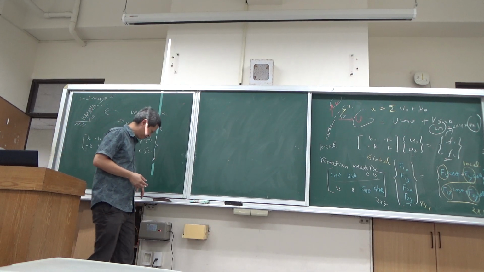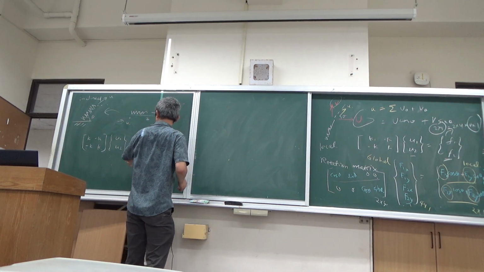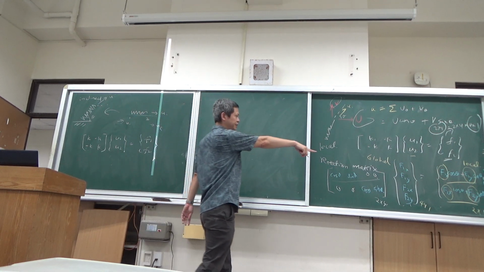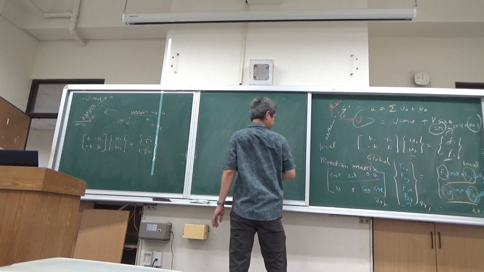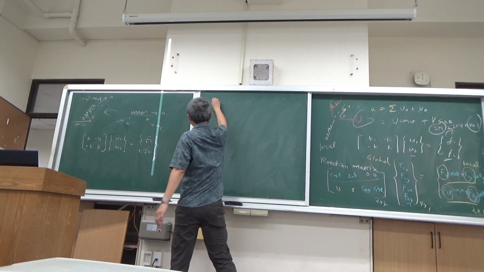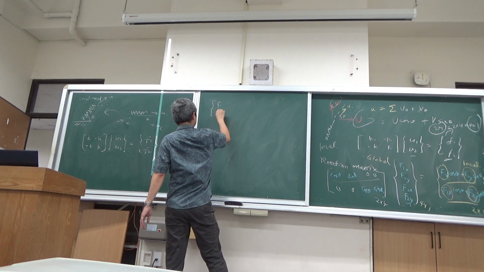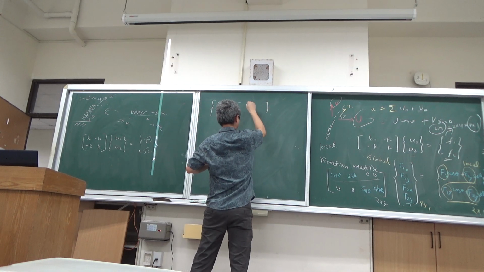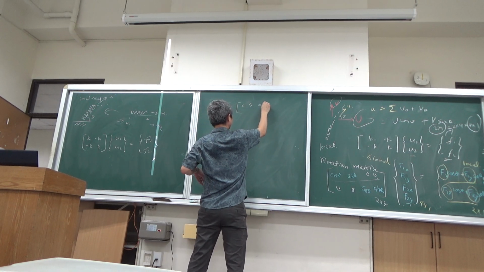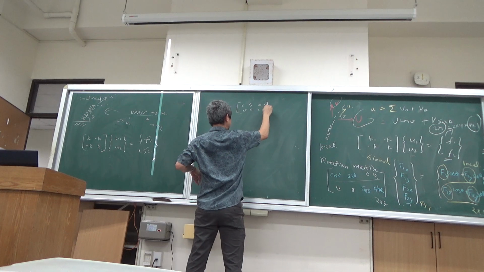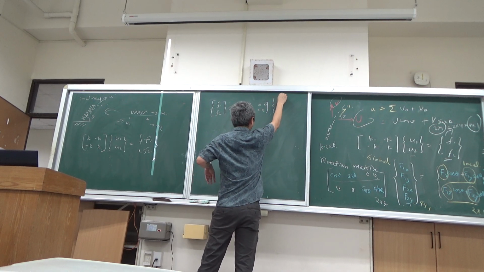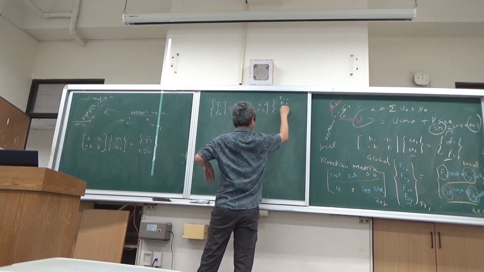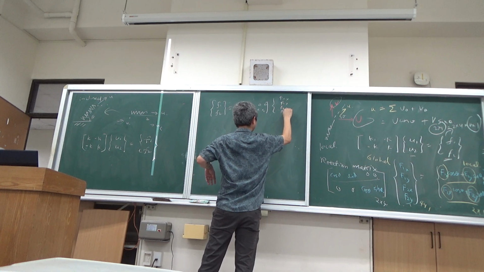My plan here is simple. Could I rewrite the thing? What we did just now is I can write F1, F2 as the matrix [C S 0 0; 0 0 C S] times F1X, F1Y, F2X, F2Y.